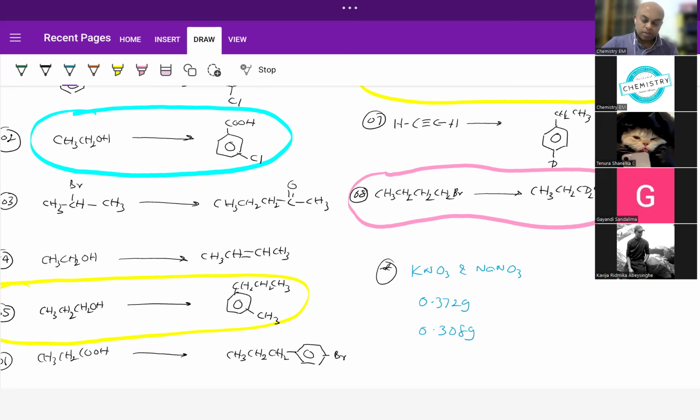Find the mole fraction of KNO3 in the mixture. Potassium 39, nitrogen 14, oxygen 16, and if you need, sodium 23.